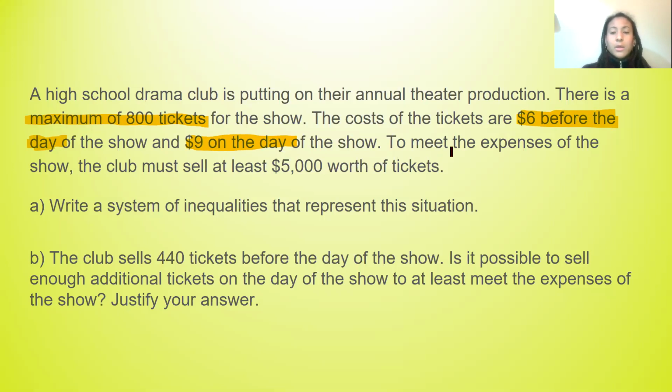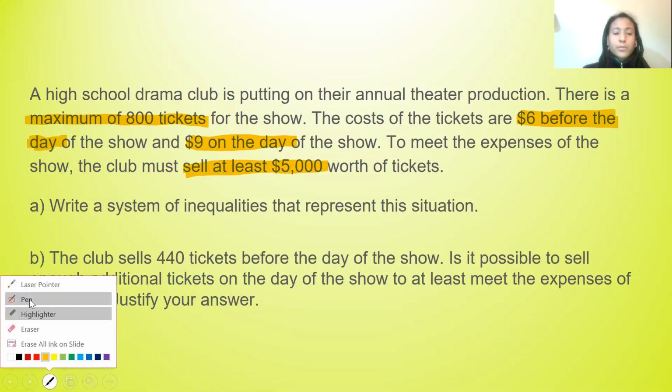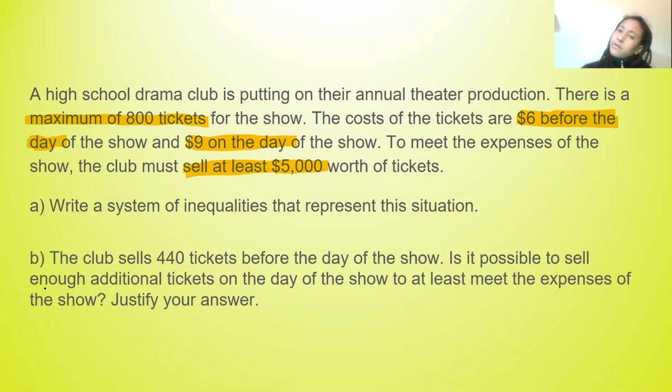And then to meet the expenses, we must sell at least $5,000 worth of tickets. Okay, so pause the video and see if you could come up with the two inequalities. Okay, and then come back.